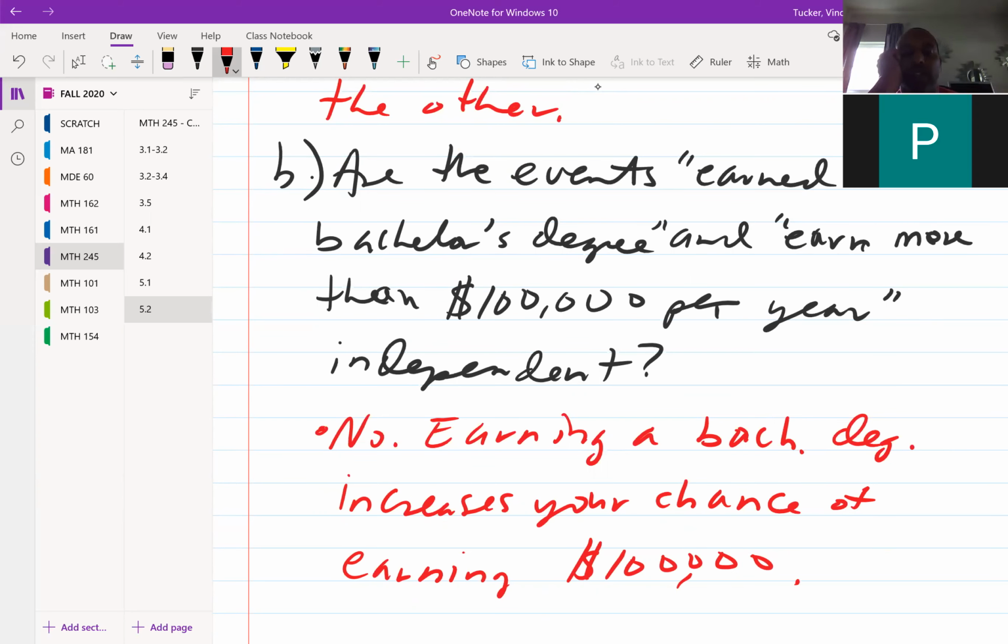They are not independent, because earning a bachelor's degree increases your chance of earning $100,000. Of course, it doesn't guarantee that you will, but it does increase your chance.